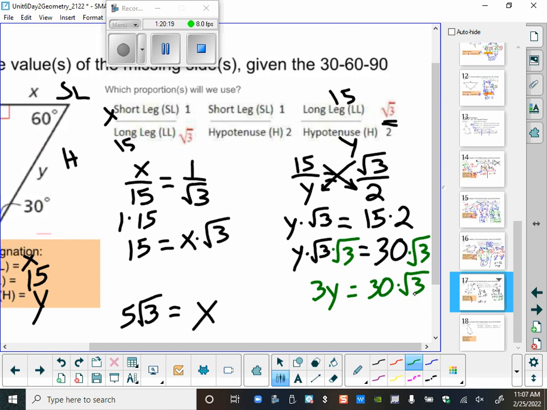But then we divide both sides by what number? 3. So then your y would be 10 square root of 3. So I'll give you those real quick.